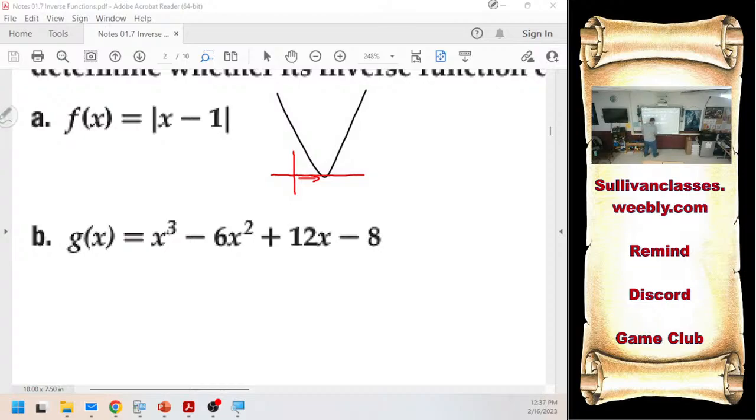No. So since this fails the horizontal line test, I would say that the inverse function doesn't exist. There is no anti-Fred. Okay? Because when I try to swap all of my x's and y's, it's going to look like this.